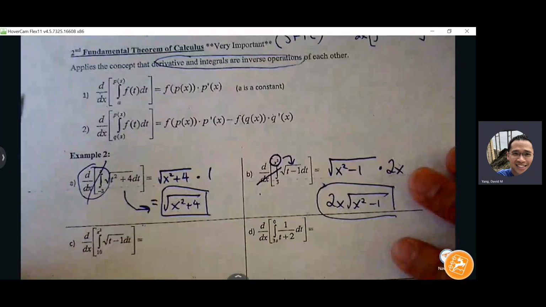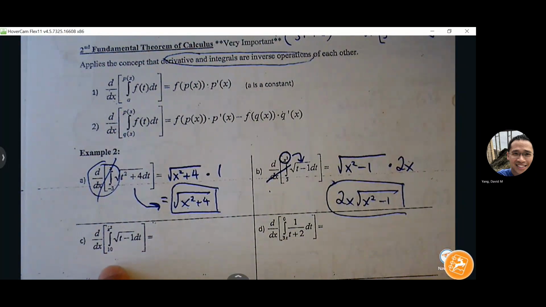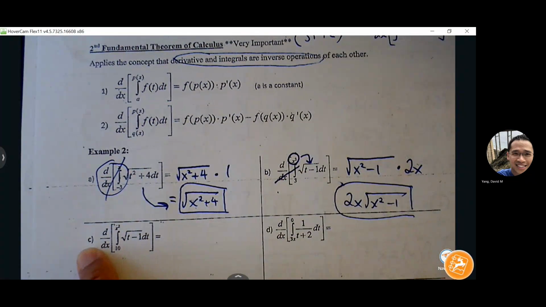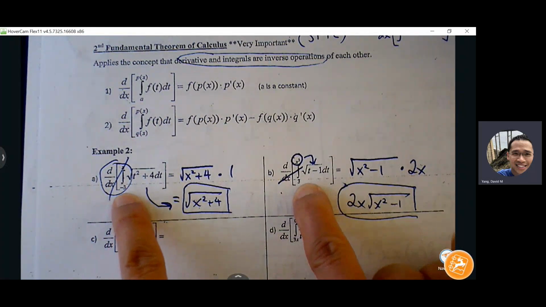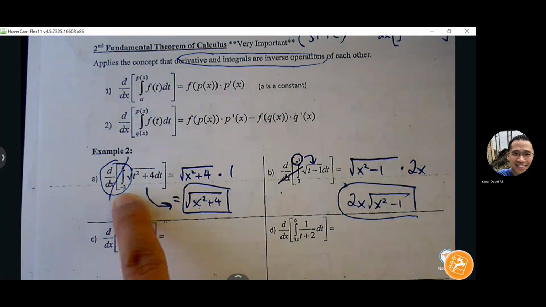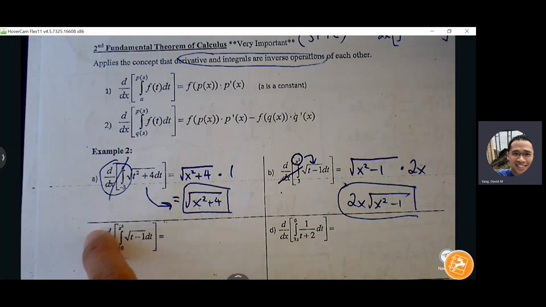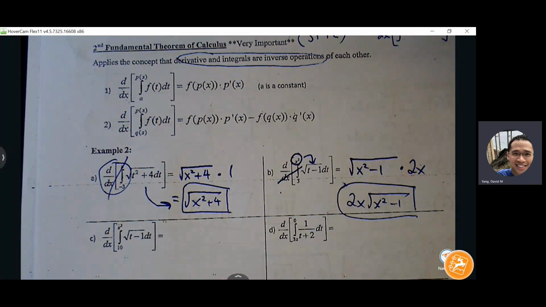Also, what do you notice about this problem that has no impact whatsoever? The lower bound, okay. Any idea why this lower bound has no impact? It's a constant, okay. What else? Because if I went through this process, I'm going to end up with a number.